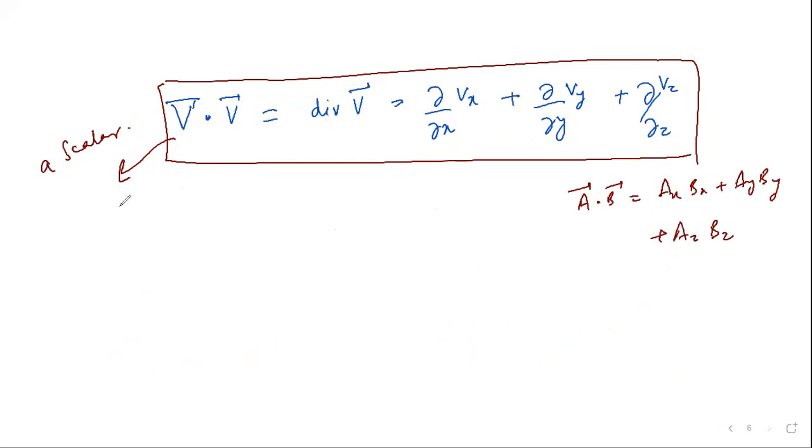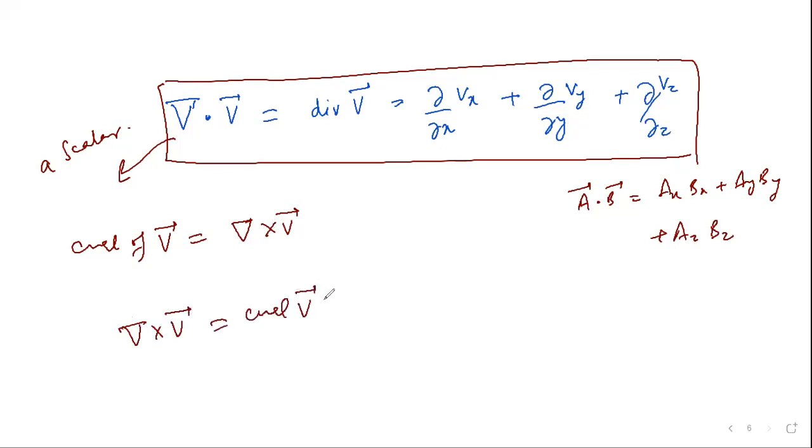Similarly, we define another operation that's called curl of v, curl of a vector field, right? Now curl of v is written as del cross v. It is just like a cross product.